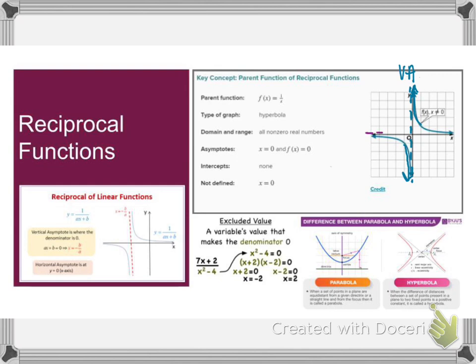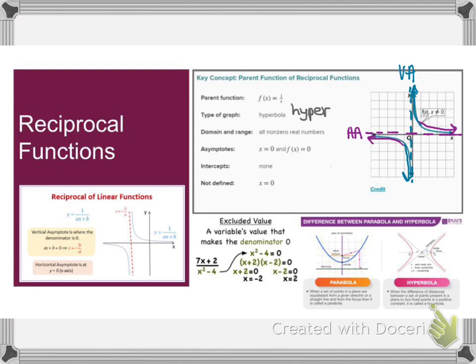There is also a horizontal asymptote where y equals 0 on the x-axis here, because on this side of the shape it's going to approach that 0 and never reach, and this side as well. So there's two asymptotes. The shape that this makes is called a hyperbola.